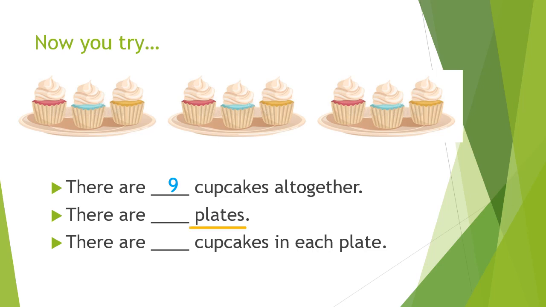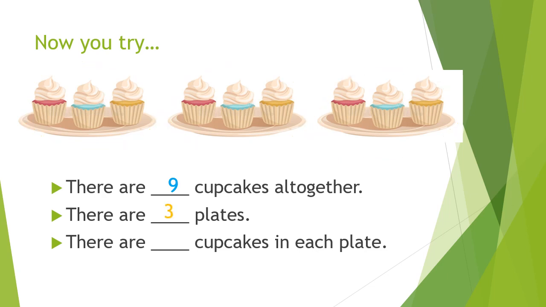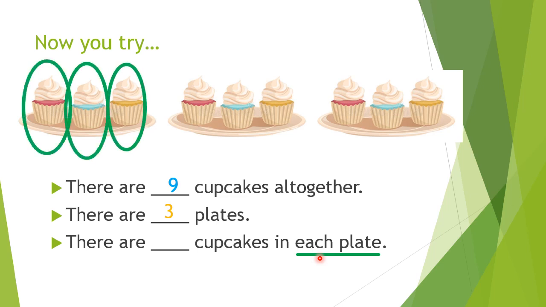So let's count how many plates we have. We have 1 plate, 2 plates, 3 plates. So there are 3 plates. Next one, there are blank cupcakes in each plate. So each artinya satu. So let's pick a plate. We'll choose the first one. 1, 2, 3. So there are 3 cupcakes in each plate.